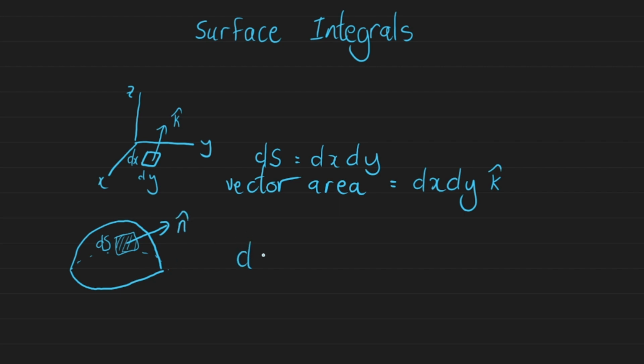So we can think about this vector area dS. We would write ds as we normally do, and then show a bar on top to show that it's a vector area. This is equal to the differential surface area element multiplied by the unit normal vector. And in the previous videos, we saw that the unit normal vector is calculated as the gradient vector divided by the magnitude of the gradient vector.